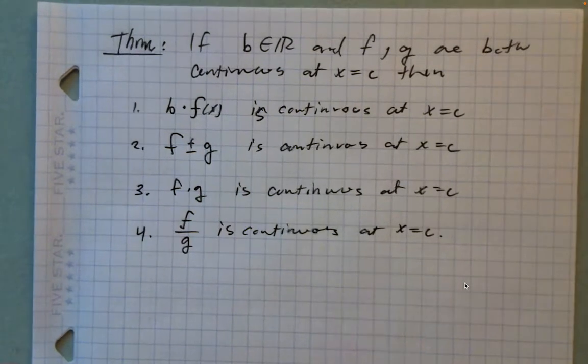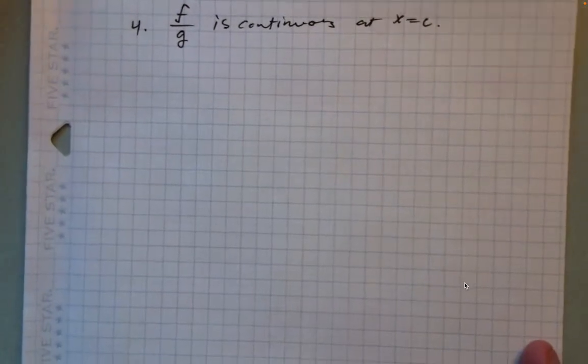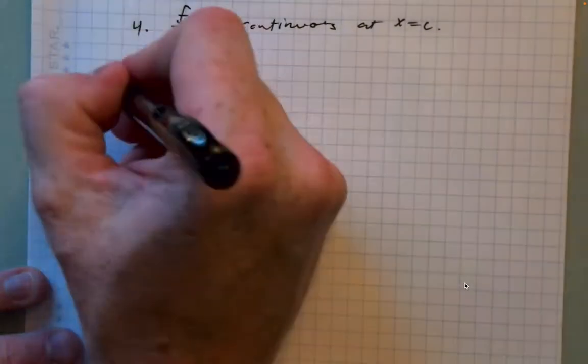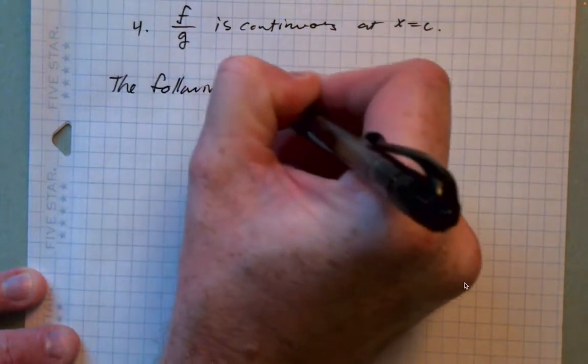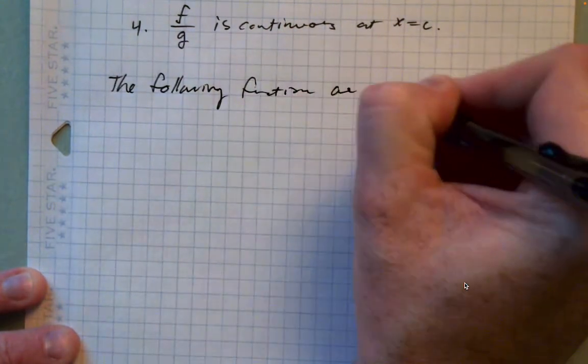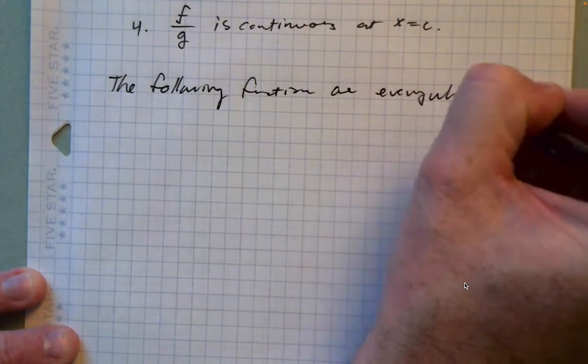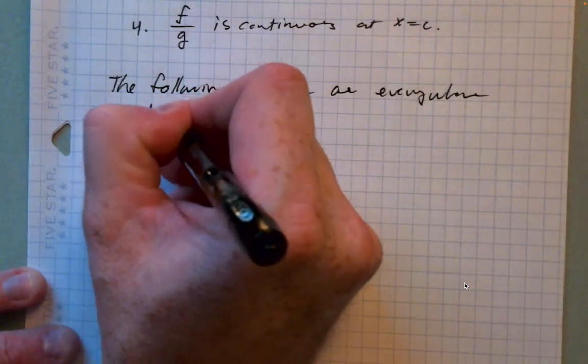Before we do that, let's build up a little bit of a stockpile of types of functions that are everywhere continuous. So the following functions are everywhere continuous.